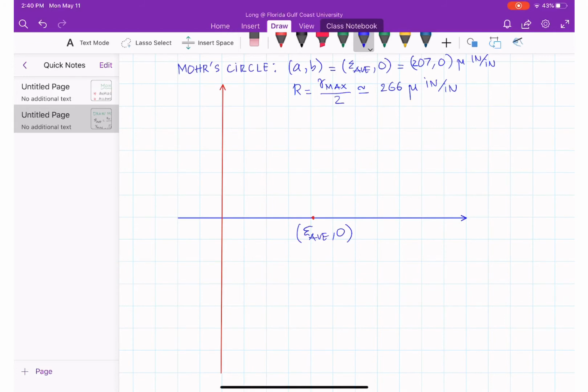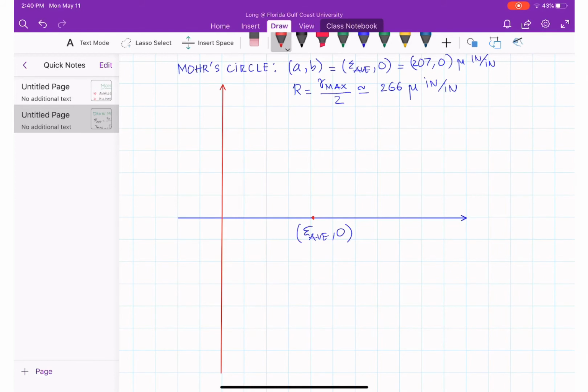And the radius is 266. So it is a bit more than 5 grids in here. We draw the circle, and from that we can find out gamma max over 2.